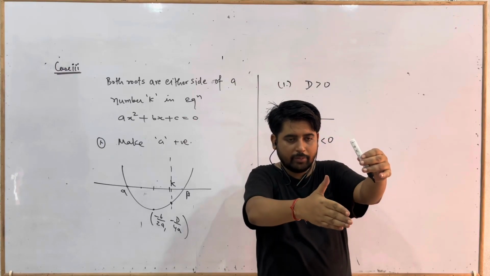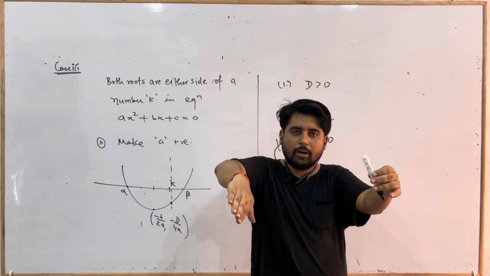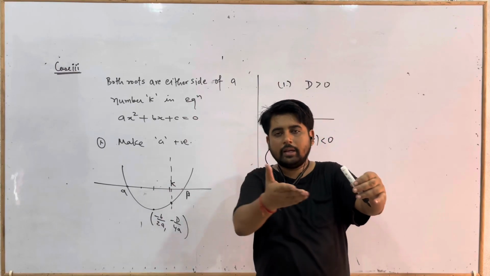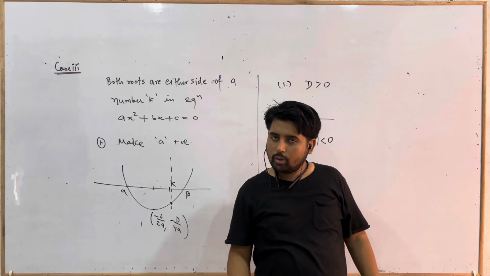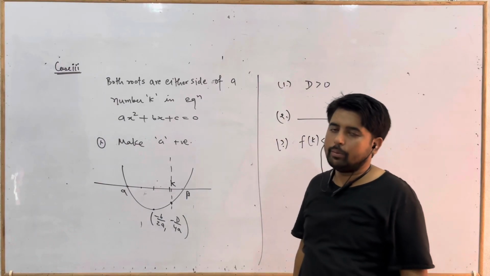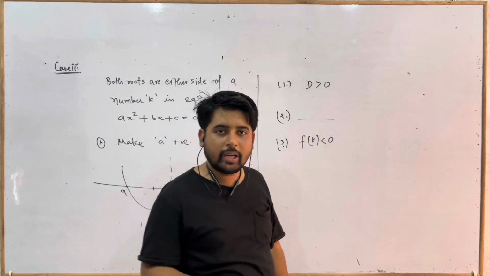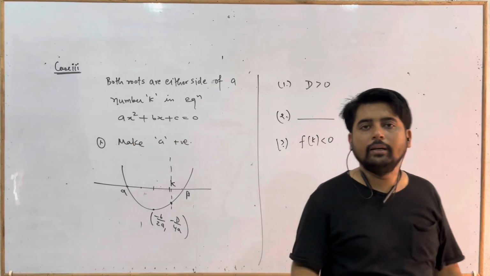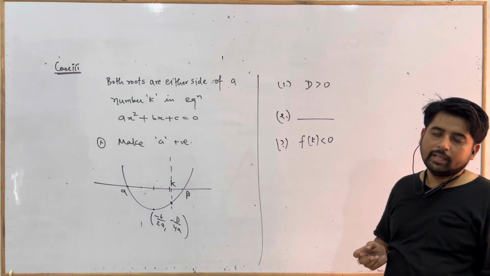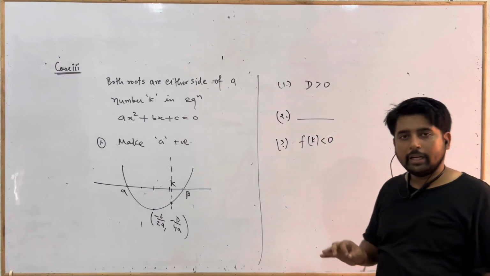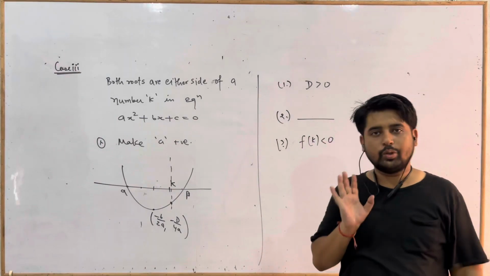Now it goes below, and after that it goes up and again cuts the x-axis. So if for a value k the upward parabola gives a negative result, it should automatically have two roots.